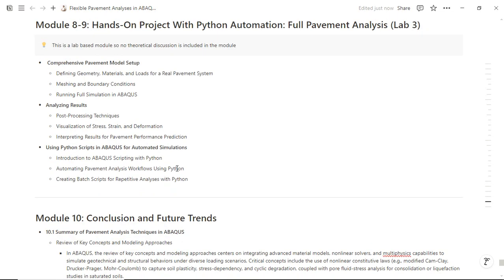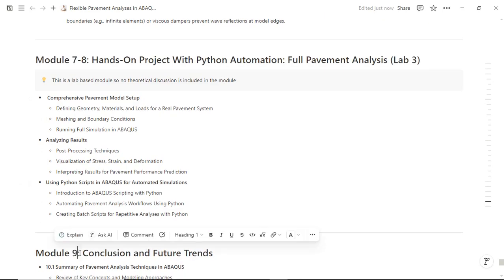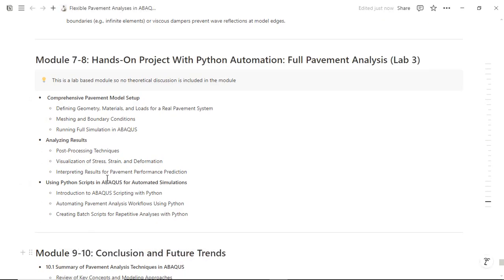So maybe I will combine these. That's going to be 7 and 8, and that's going to be 9, 10. Maybe I will create some categories further. So the final content will also be shared for your convenience.